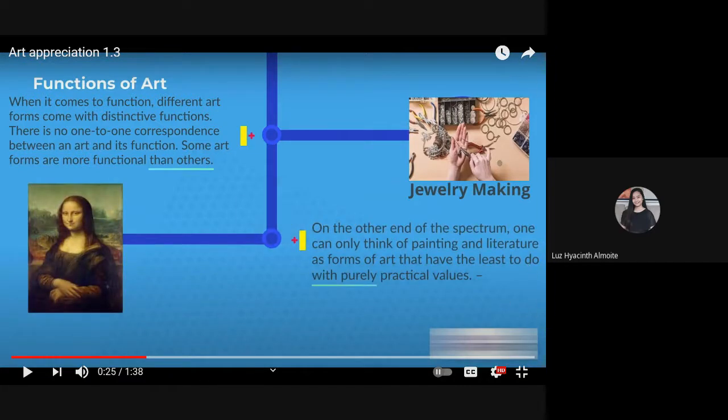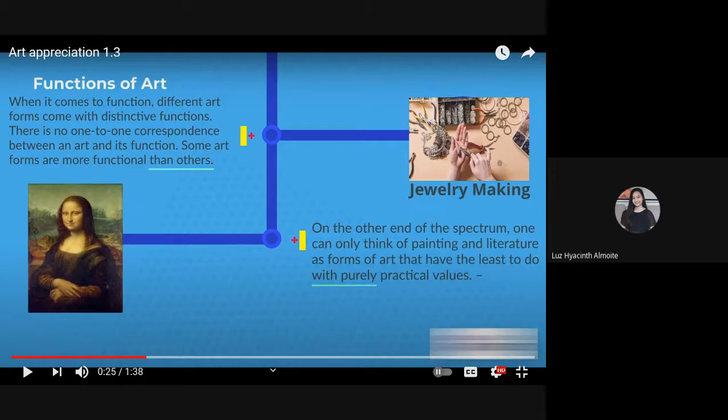On the other end of the spectrum, one can only think of painting and literature as forms of art that have the least to do with purely practical values. When one examines a painting or a work of literature such as a poem or novel, he will look at the value of the product of art in and for itself, and not because of what it can do and benefit us.